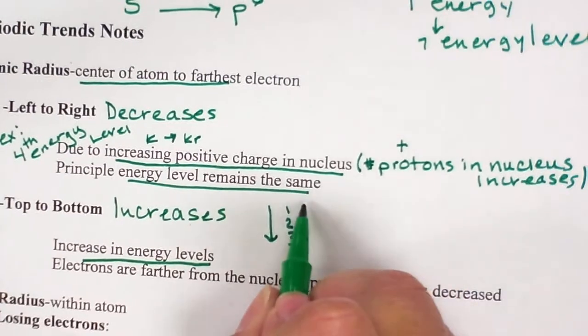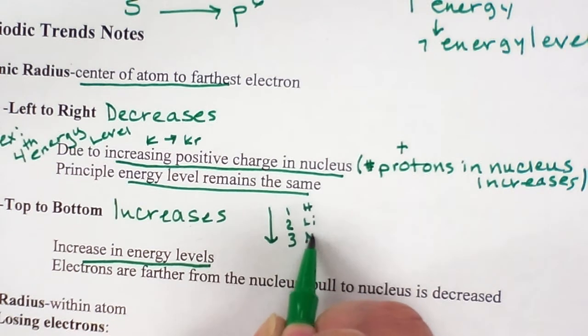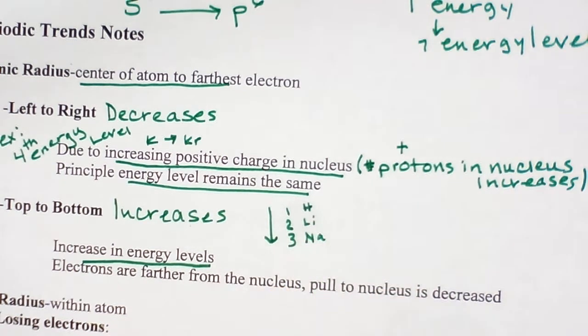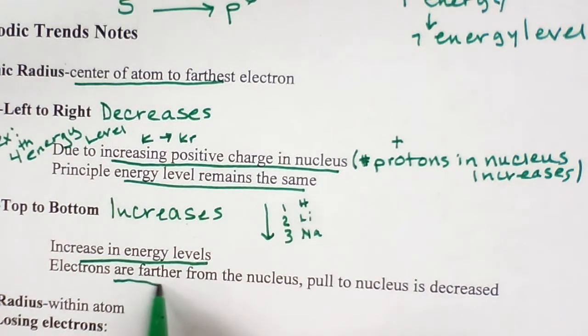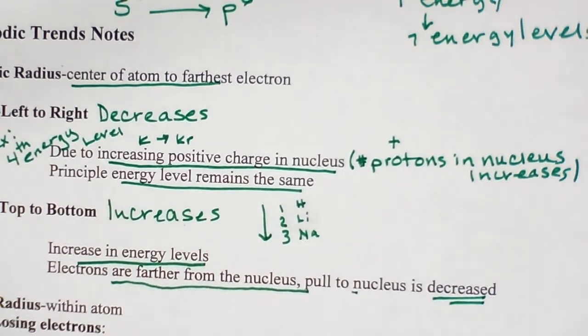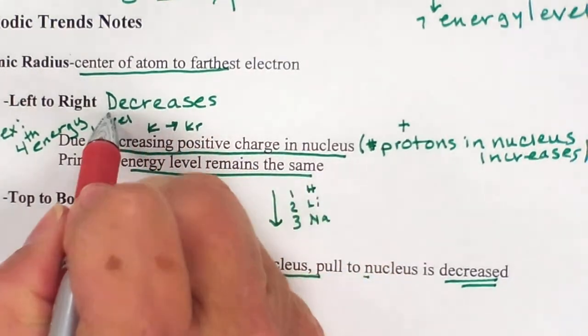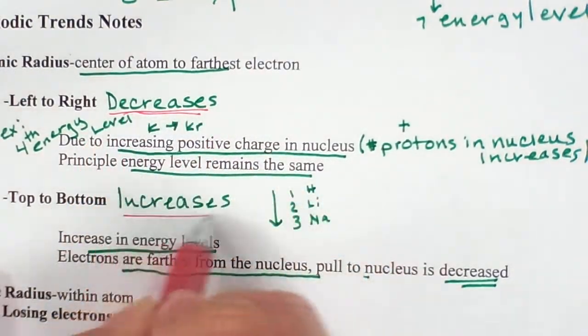So for example, from hydrogen to lithium to sodium, we're adding an energy level as we go. And so the electrons are much farther from the nucleus each energy level, and the pull into the nucleus is decreased. And that's going to be super important as we go on, that the farther away from the nucleus the electrons are, the smaller the pull to the nucleus is. So decreases left to right, and increases top to bottom.